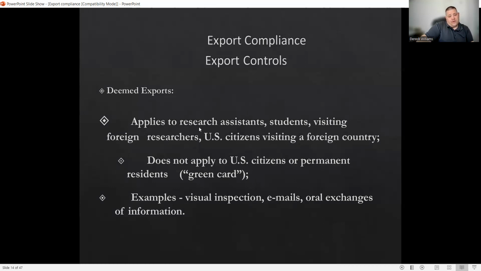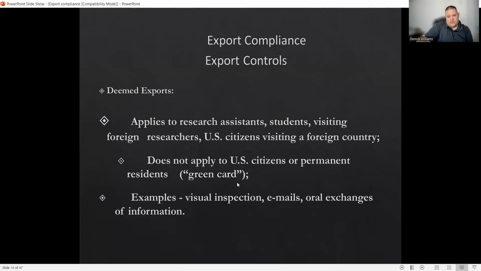Deemed exports can apply to research assistants, students, visiting foreign researchers, U.S. citizens visiting a foreign country. It does not apply to U.S. citizens or permanent resident green card holders. So this one is one that confuses a lot of companies as well, right? They have green card holders that apply or want to work at their company, and then they're really not sure how to handle the ITAR, or the EAR, whatever the export requirement is.